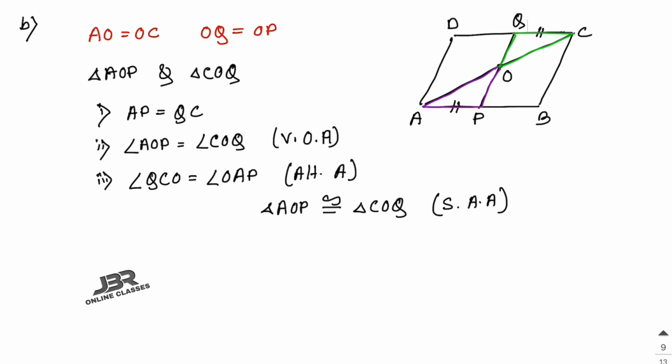If these two triangles are congruent, then definitely AO is equal to OC by CPCT, and OP is equal to OQ by CPCT. So that means AC and PQ bisect each other at the point O. It's proved.